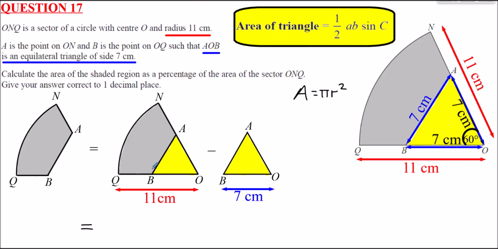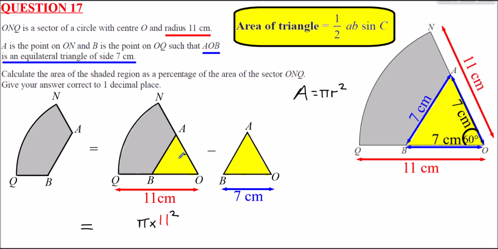So if this were a full circle, the area would be pi multiplied by its radius squared, which would be pi times 11 squared. However, you're probably thinking, but it's not a whole circle. You're quite right. We need to think of this as a fraction of a full circle.